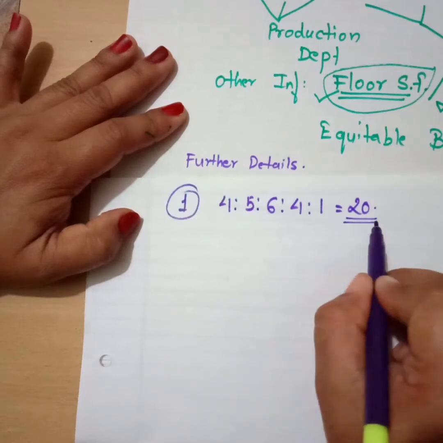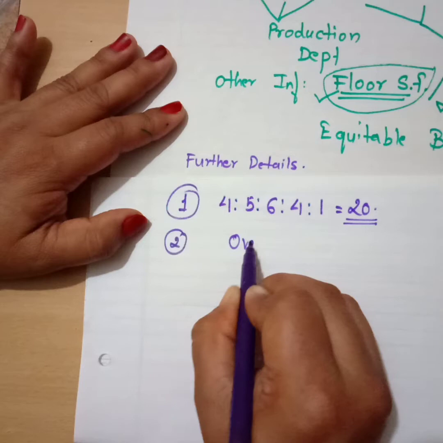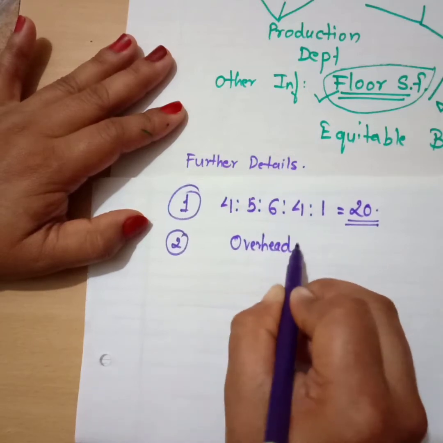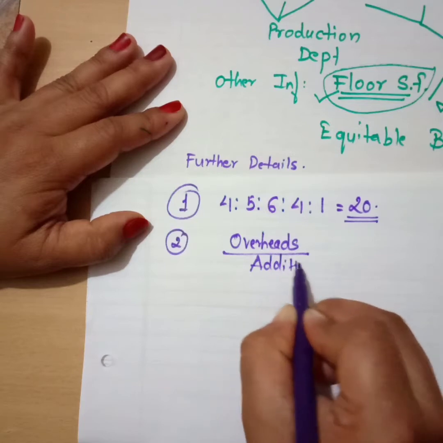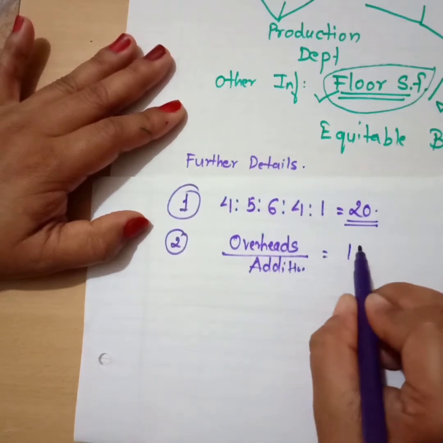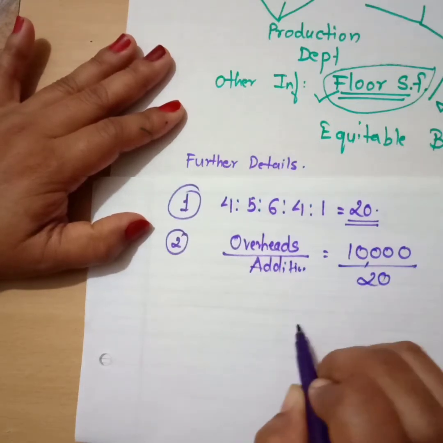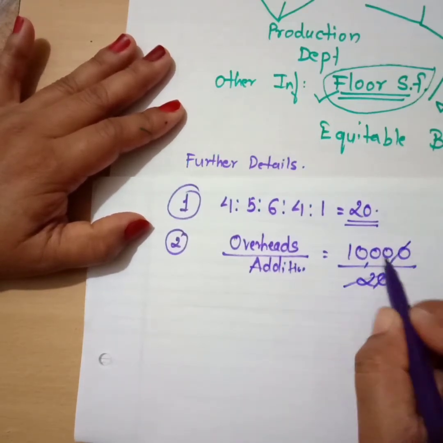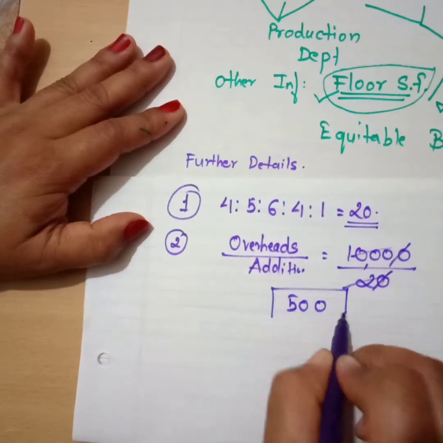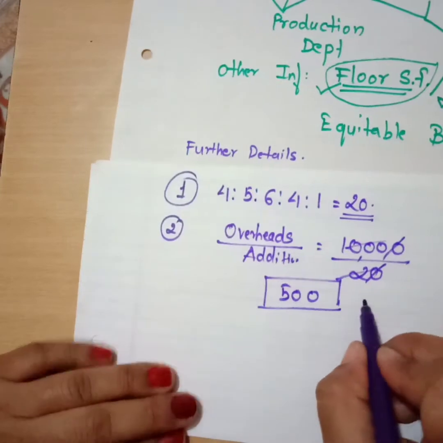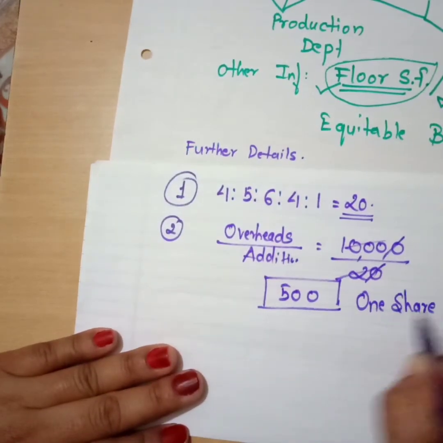Step number two is you have to divide your overheads by the addition. What is your amount of overhead? It is 10,000. 10,000 divided by 20, so you will have 500. This 500 is one share cost.